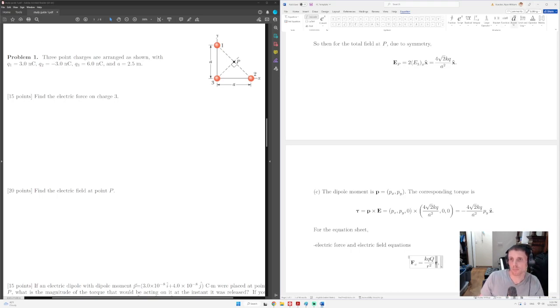The electric field due to a point charge is just going to be kQ over r squared, and this also is going to point in the r hat direction.